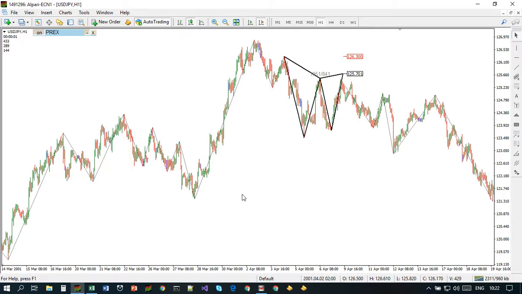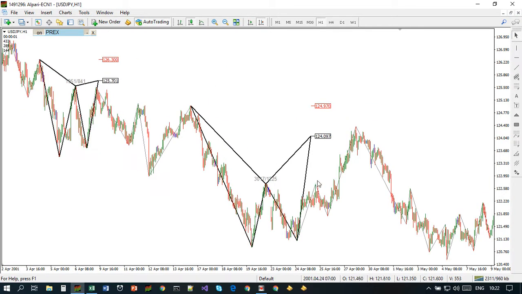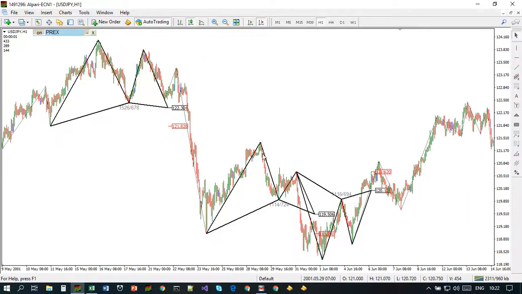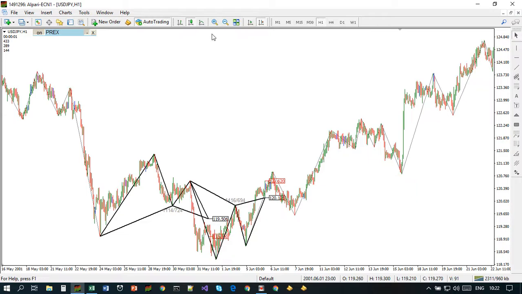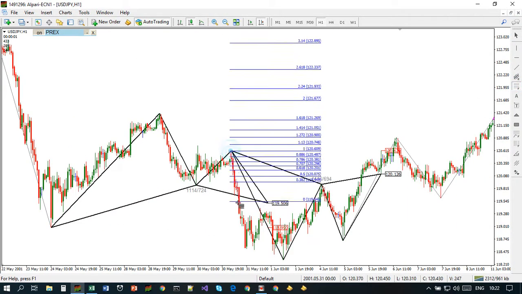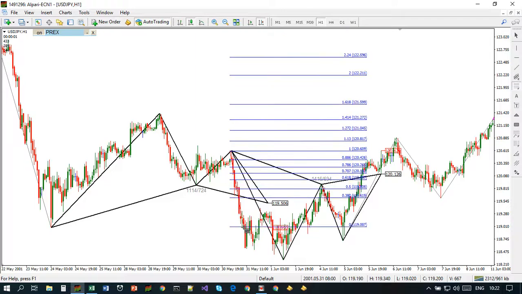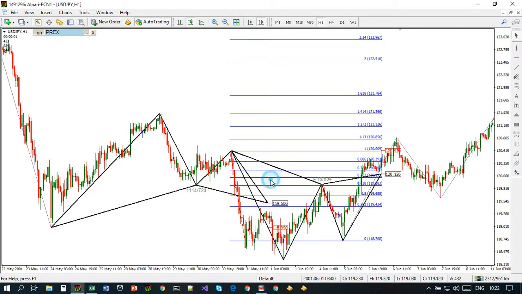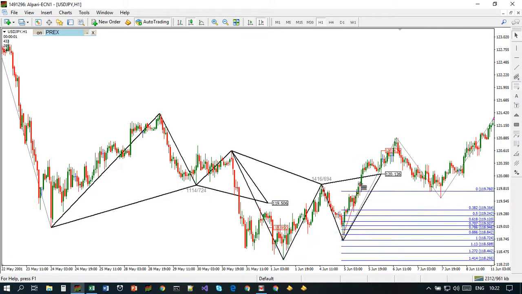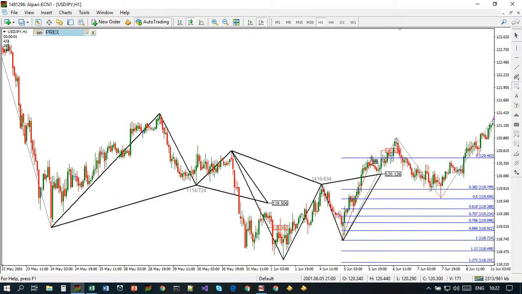Invalidated, broken C to D leg. Invalidated, the C to D broken. Invalidated, same stuff. Okay, let's look at this pattern. We completed here, and then we went lower, lower and lower and exceeded that limit. Let's look at this pattern. We completed here, then we went higher and higher and higher.